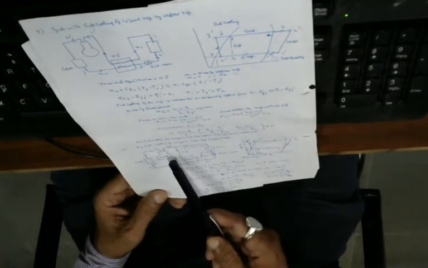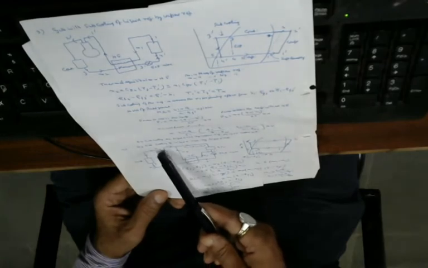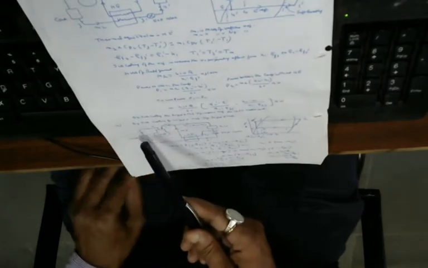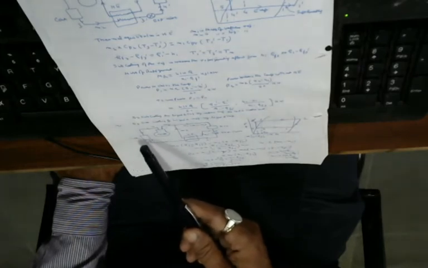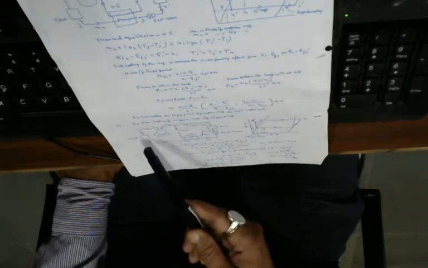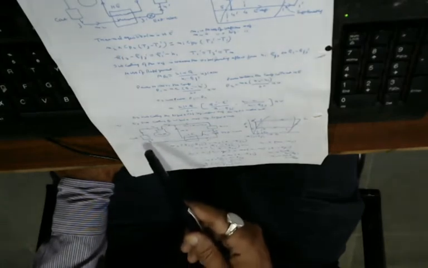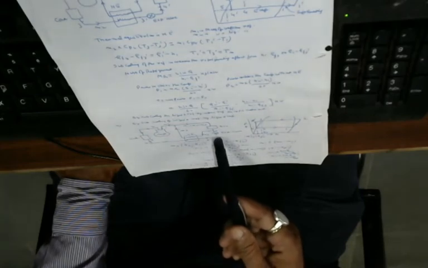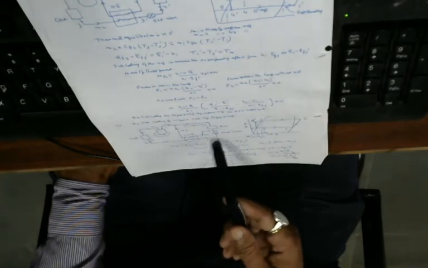From the compressor, the refrigerant is compressed and goes to the condenser, discharges the heat to the atmosphere, and here that refrigerant converts into the liquid form. From here it moves to a heat exchanger, and from the heat exchanger it goes to the expansion valve. Expansion is taking place and pressure reduction is taking place.